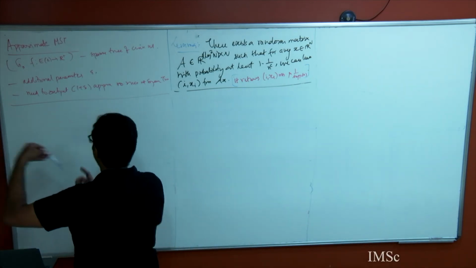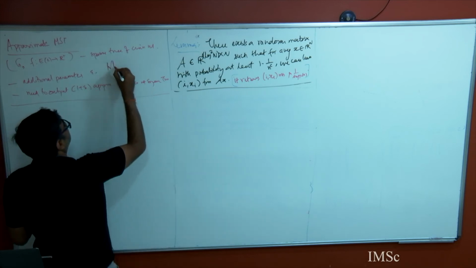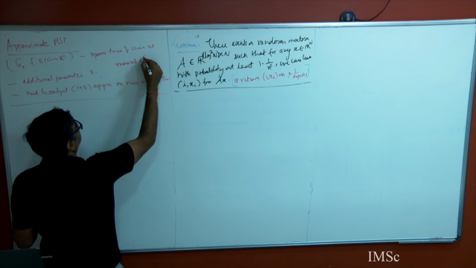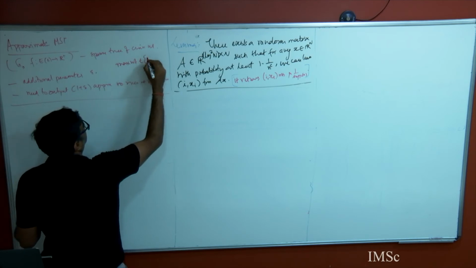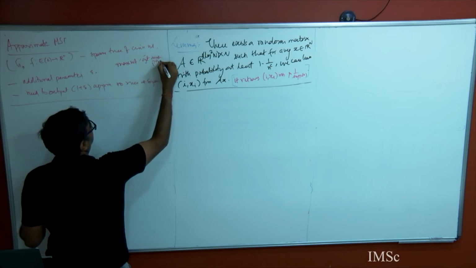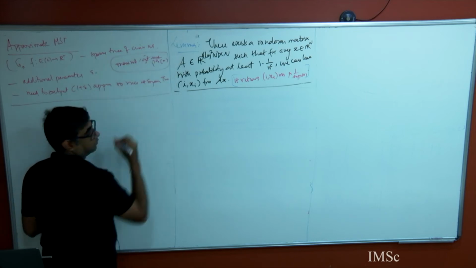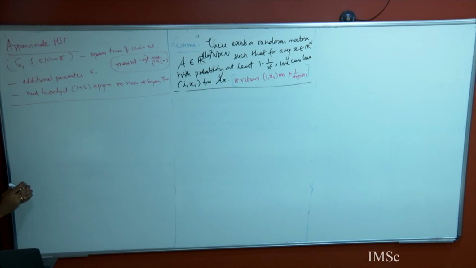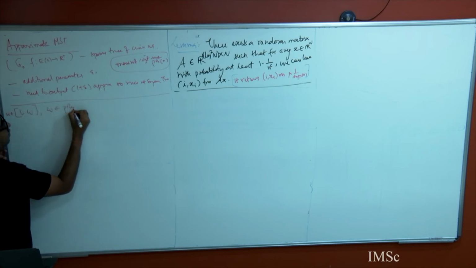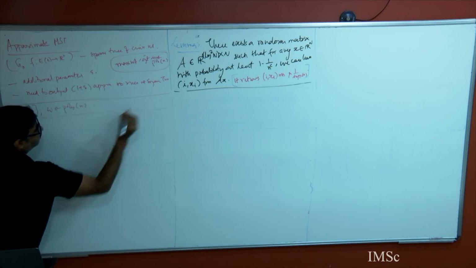So you are assuming that the max weight is at most W. So the weights are in 1 to W.